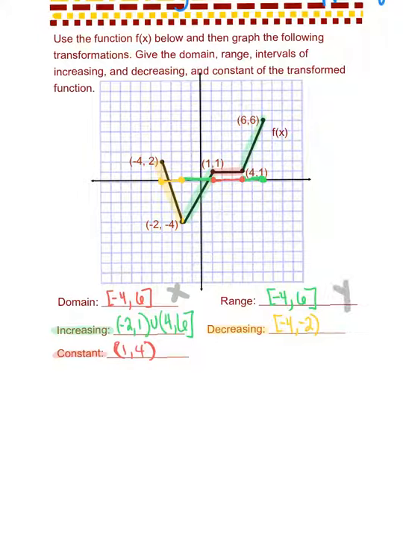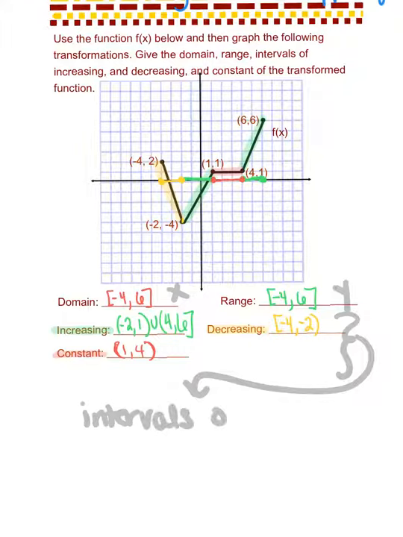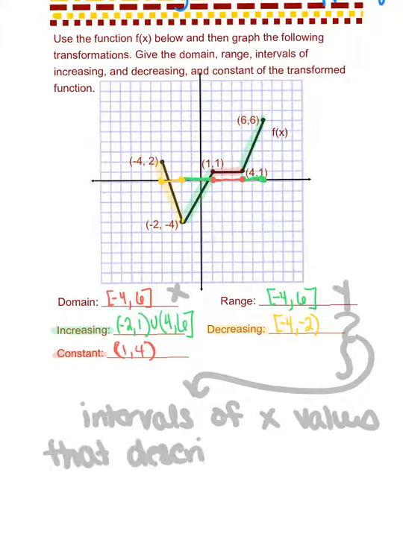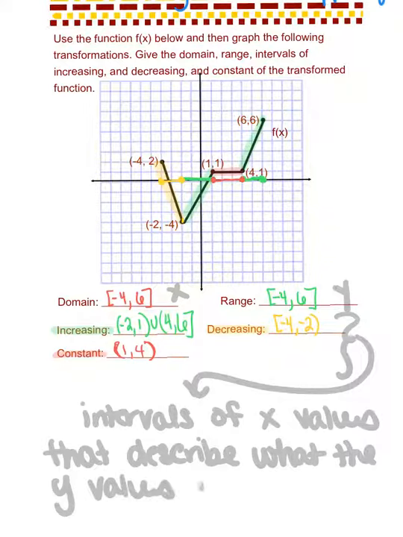Now, when you're talking about increasing, decreasing and constant, these are intervals of x values that describe what the y values are doing, how they're behaving. So not a super technical definition there, but it's how I like to remember it. It's intervals of x values that describe what the y values are doing.